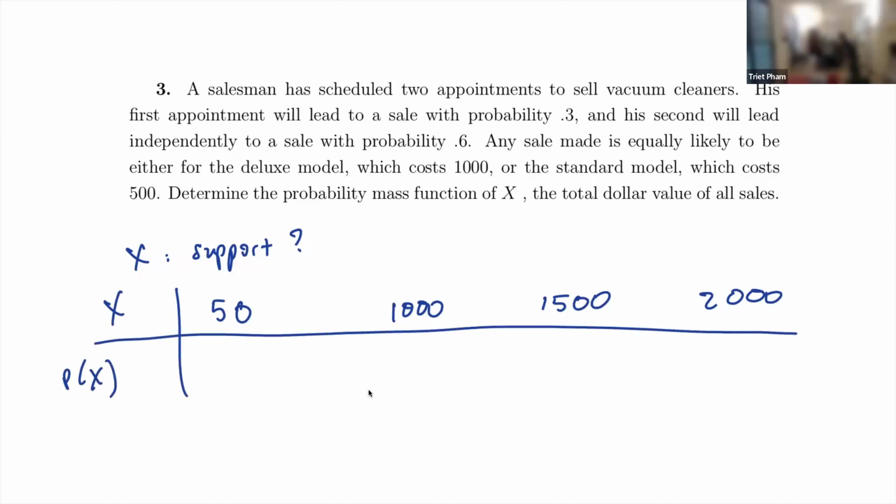Now, what are these probabilities? What's the probability of 500? Correct?